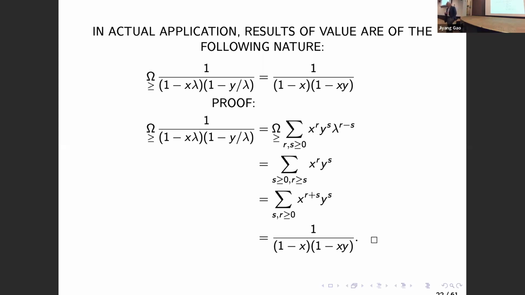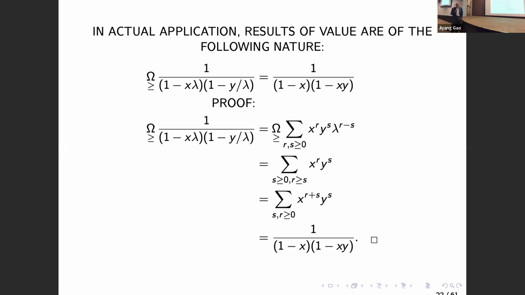You expand both the expressions you see on the left in a geometric series so that you see the powers of lambda, and now you determine only those terms where lambda has a non-negative exponent, and that appears in this line right here. And now you sum everything up using the geometric series.